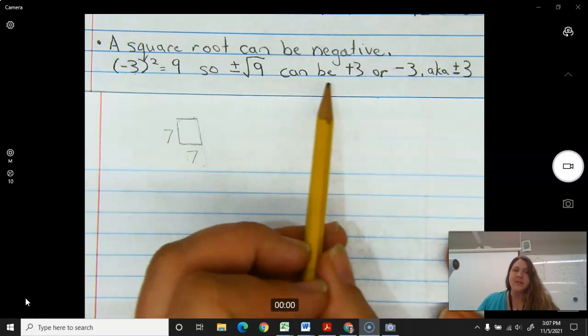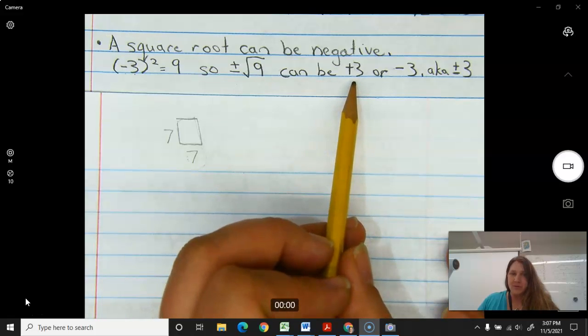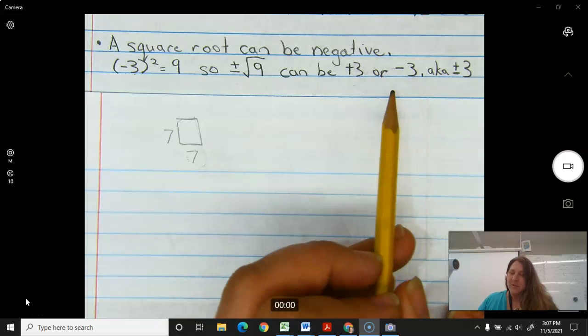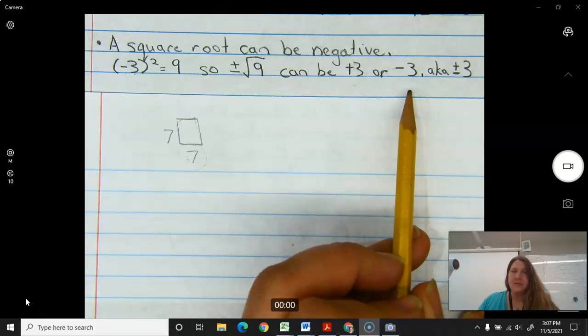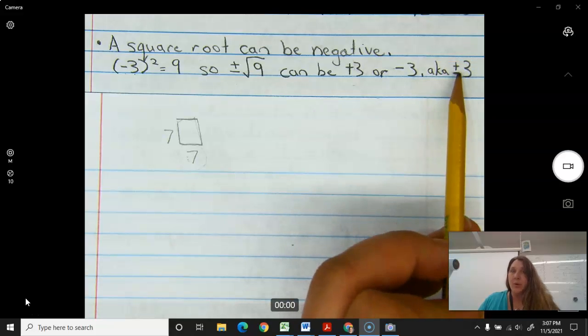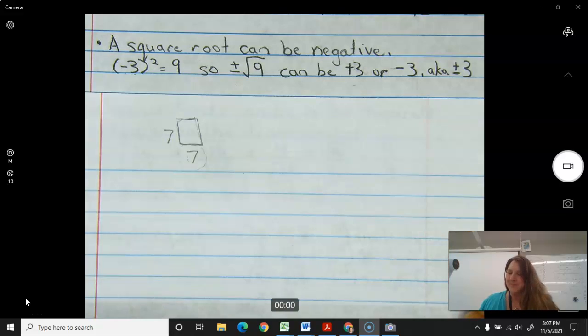So my answer can be +3, because 3 times 3 is 9, or -3, because -3 times -3 gives you +9. You can also write it as plus or minus 3.